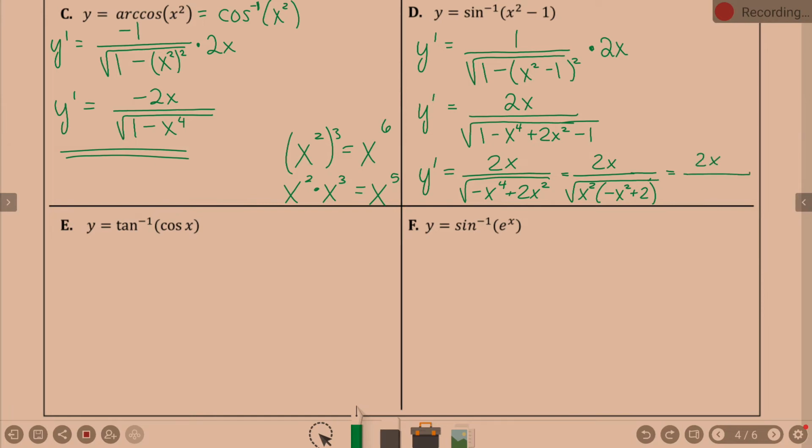In that denominator, obviously negative x squared plus 2, I can't take the square root of that, right? Can I take the square root of x squared? And what is the square root of x squared? X. But since it's coming out from under a radical, what kind of value must x have? It can't be plus or minus. It has to be positive.